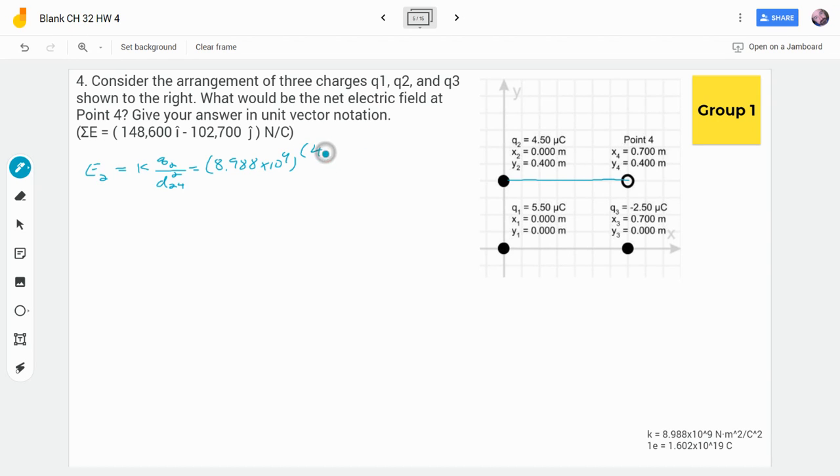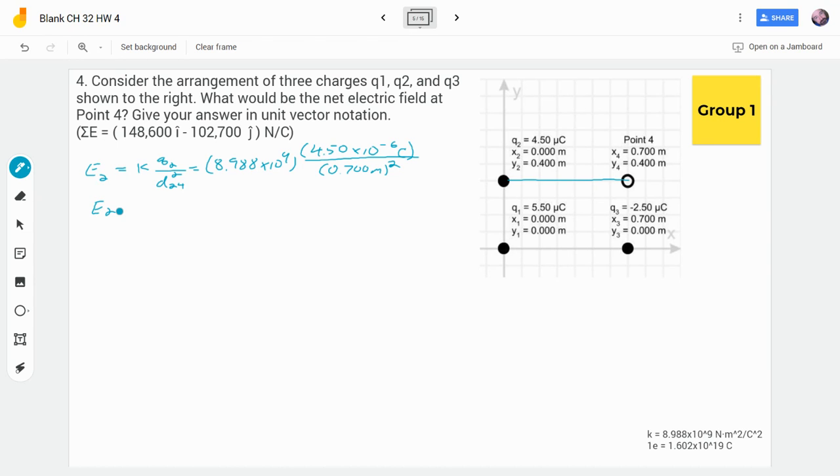Q2 is 4.50 times 10 to the minus 6 coulombs, because it's microcoulombs, divided by this distance there, 0.700 meters. And that number gets squared.